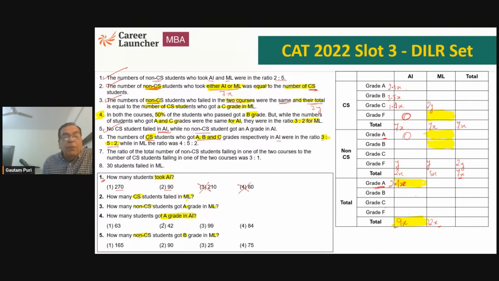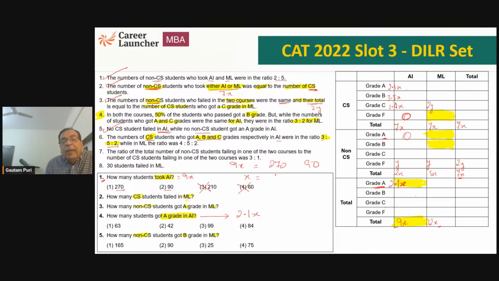Now, what is question number 4 telling us? This tells me the answer to this is 2.1x. Do I know what is the value of x? Go back to question 1. Question 1 is telling me 9x is either 270 or 90. 270 is choice 1, 90 is choice 3.